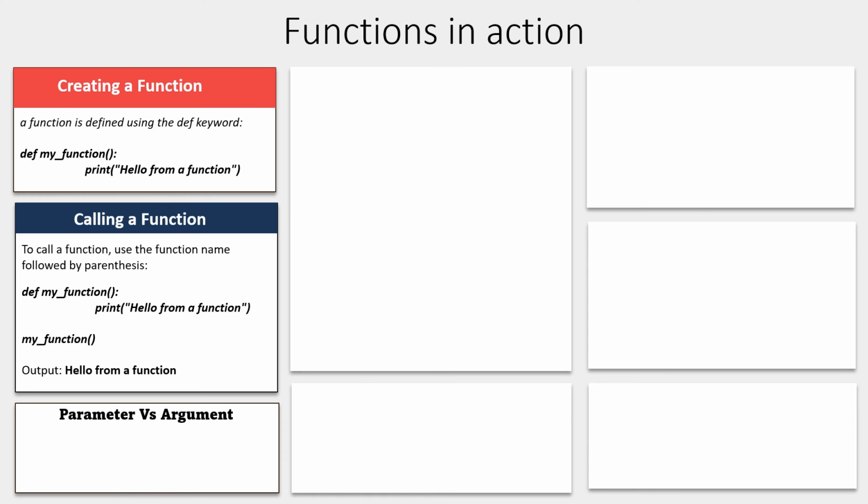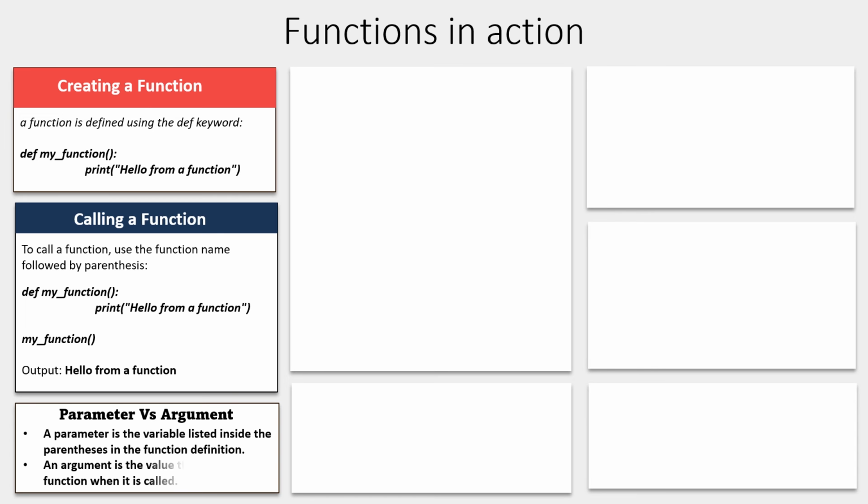A parameter is the variable listed inside the parenthesis in the function definition, whereas an argument is the value that is sent to the function when it is called. When you define, it is called a parameter. When you call it, it's called an argument. I hope you got the difference between the parameter and the argument.